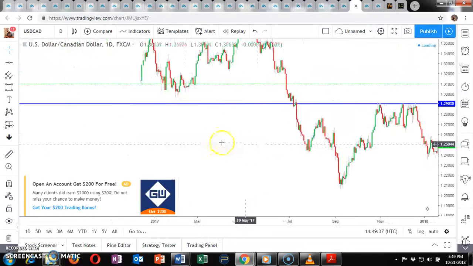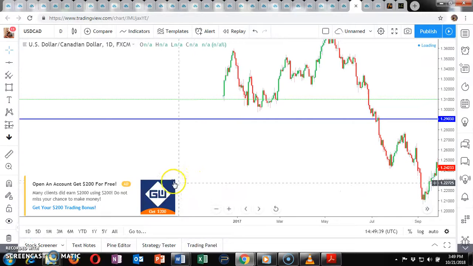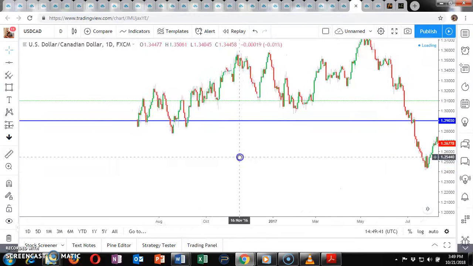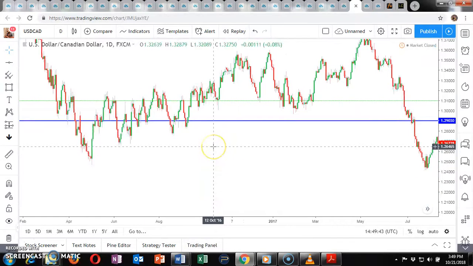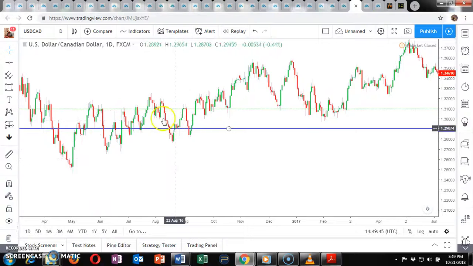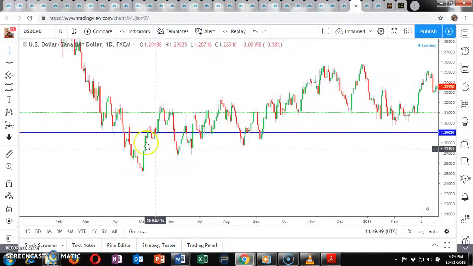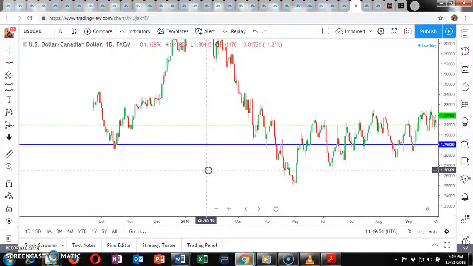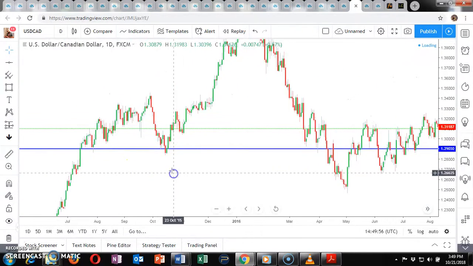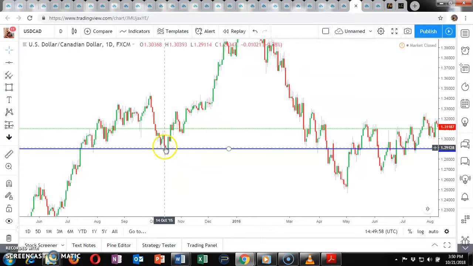Now if we go back in the past, you see the market has respected this line here as a support. It couldn't break support and it went back up, and it continued this here. It came here to test it as a resistance, and if you go back into the past, you see this line is now here. It came to test it as a support. It couldn't break support and it went back up.